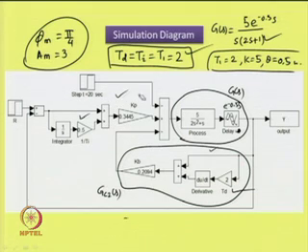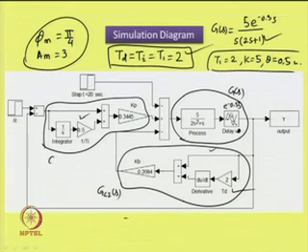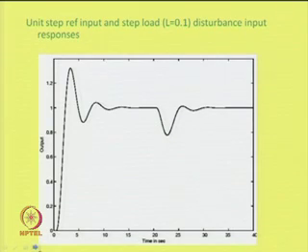Now, the PI controller parameters are given here and the PI controller is implemented here in this form GC1S. Thus, we have got the PIPD controller GC1S, GC2S and the process, and the simulation diagram now gives us the results.